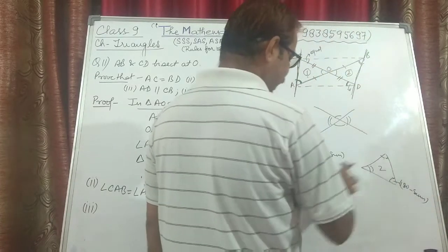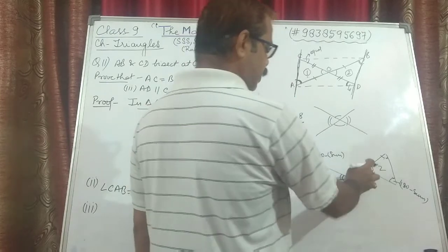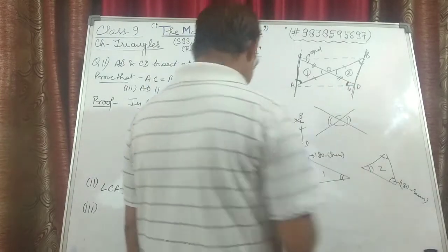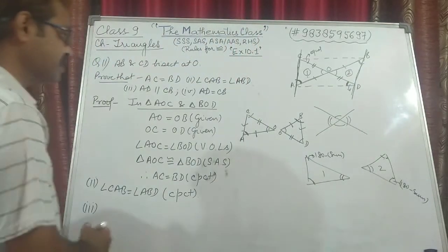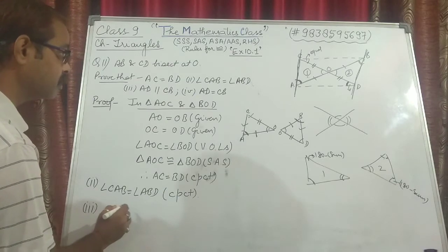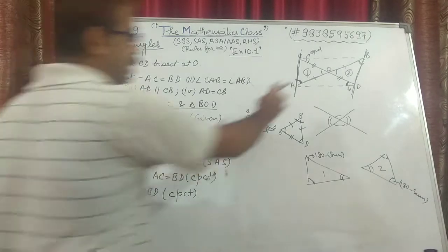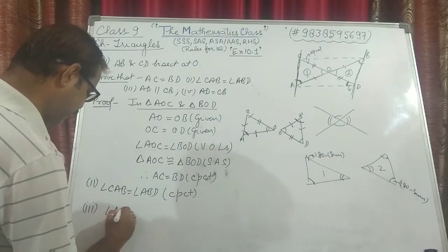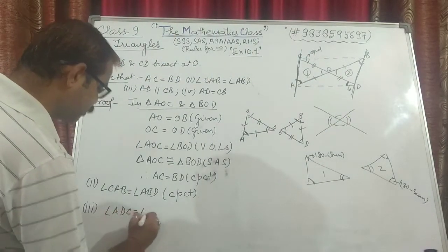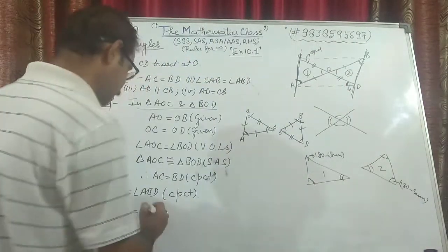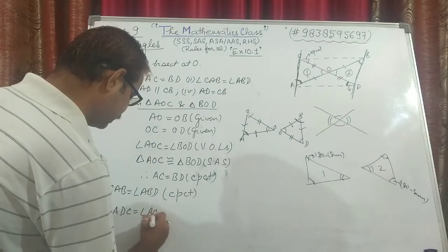Now the sum of these two angles and these two angles are equal, since these two angles are equal. So we can say that angle ADC is equal to angle BCD.